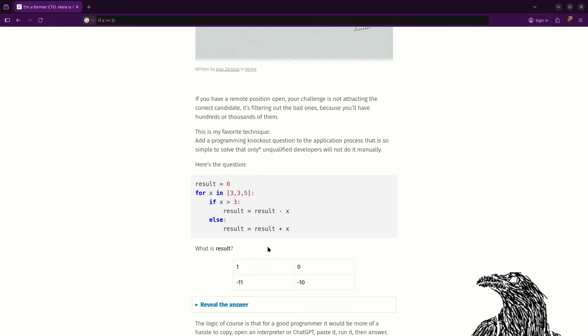So this question essentially filters out people who are lazy, who don't want to think, and just rely heavily on AI to do even the simplest things for them.